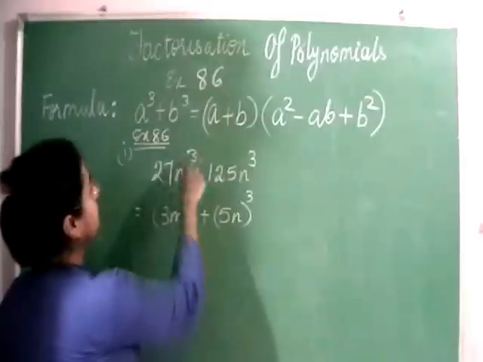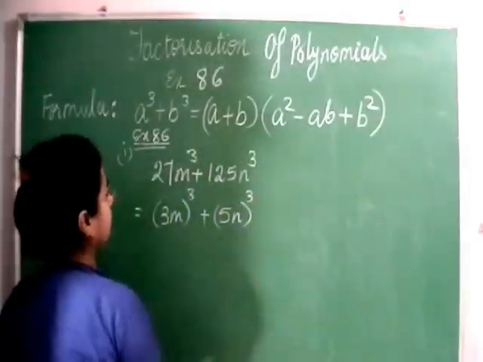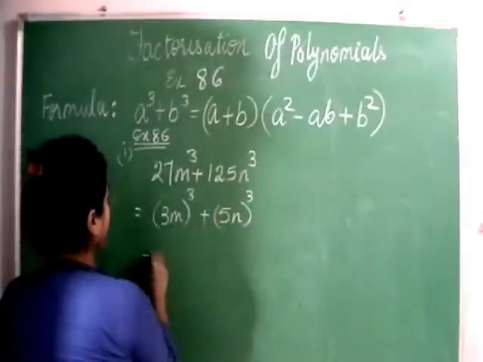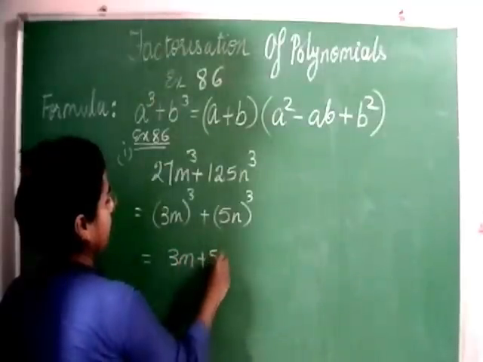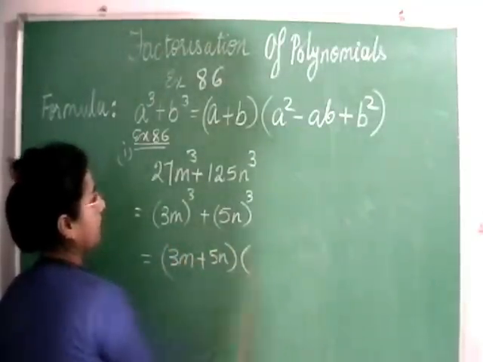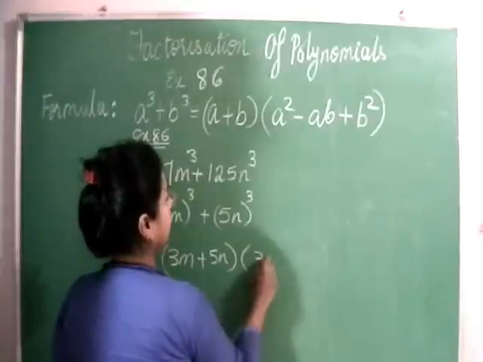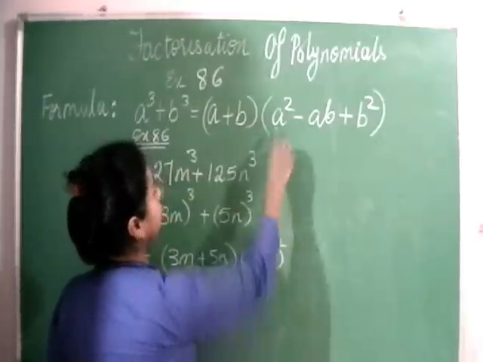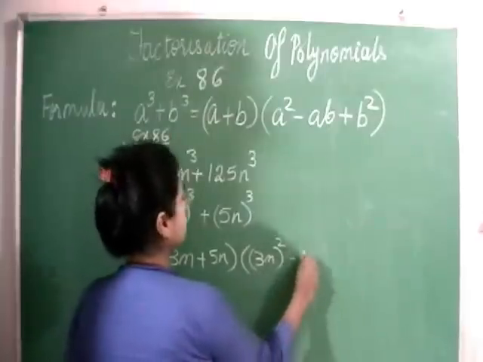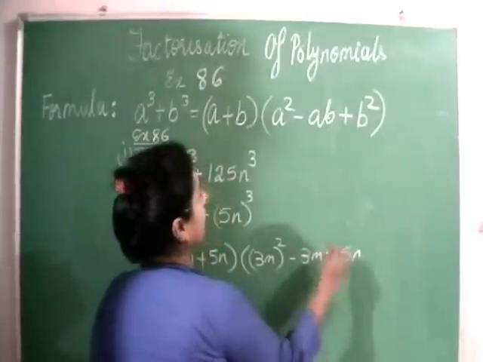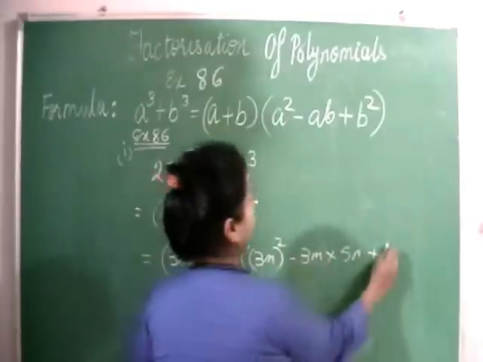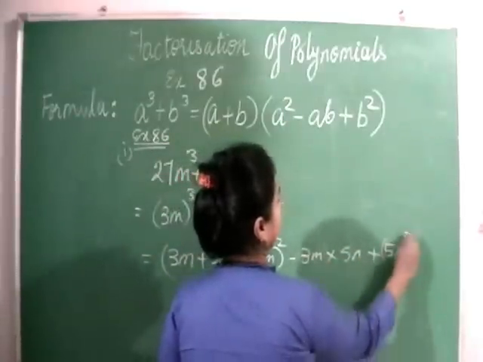Now the sum is similar or identical to this. I'll use the expansion formula: (3m plus 5n), second bracket, (3m) the whole square minus 3m into 5n plus (5n) the whole square.